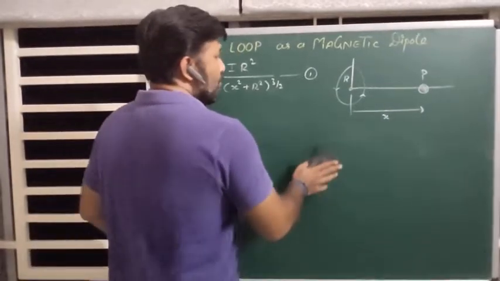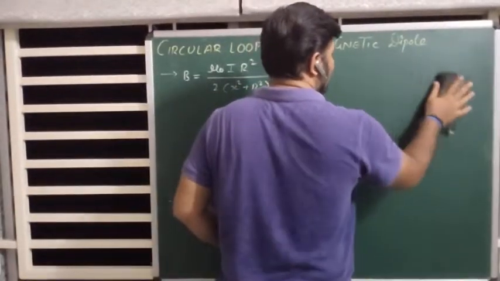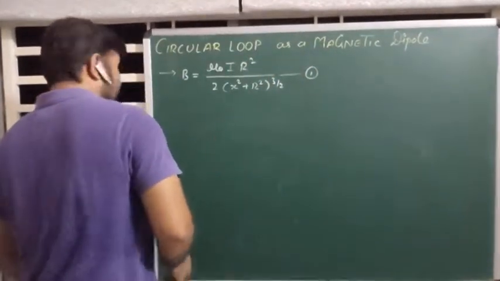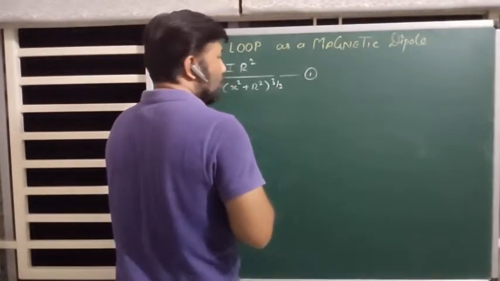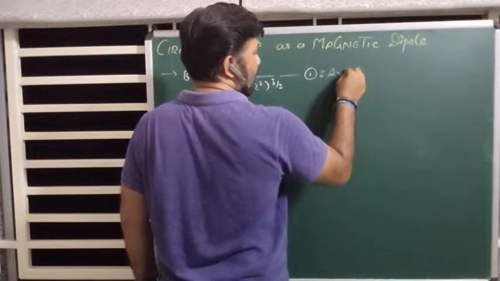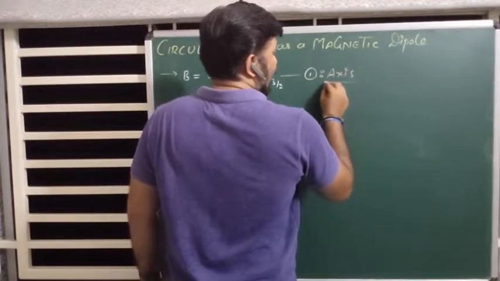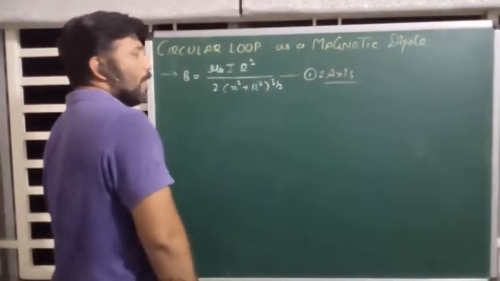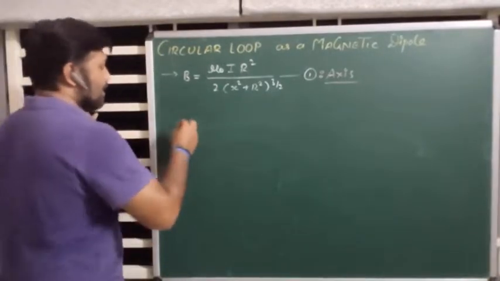Now let us see. Where was the point? It was on the axis. Now, let us take the first case.